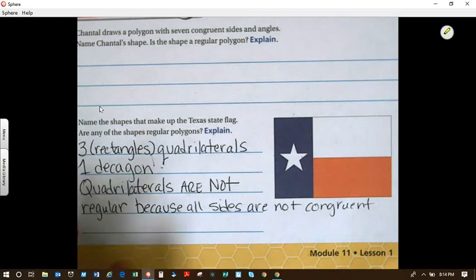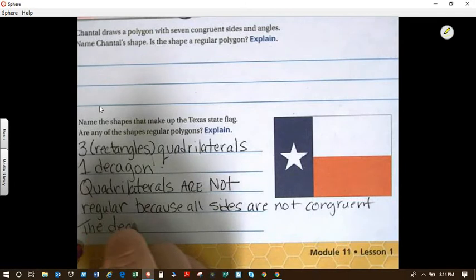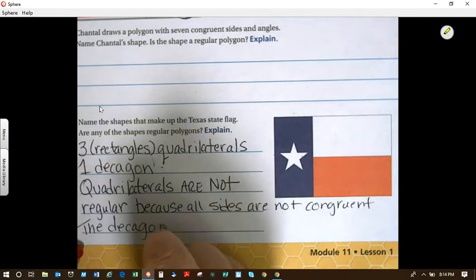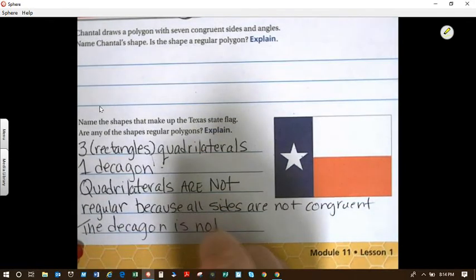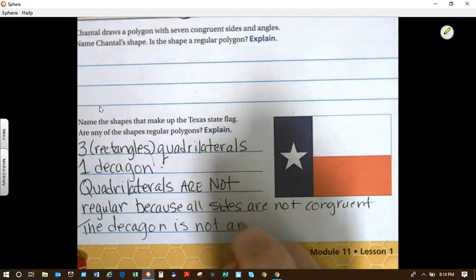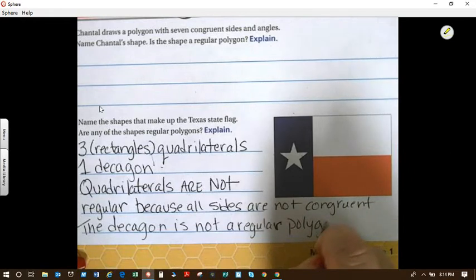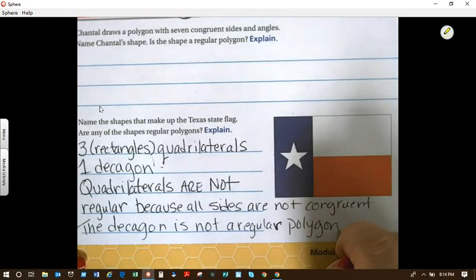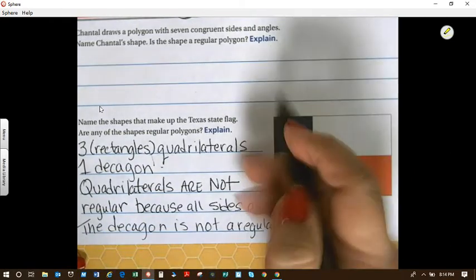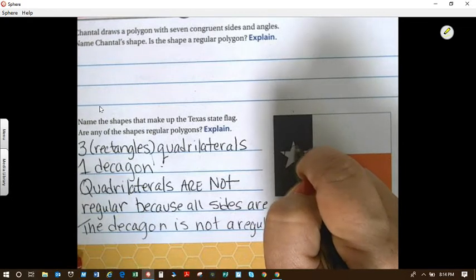But the decagon is not a regular polygon. Because why? Yep, the angles. One of the things that we needed to talk about is the angles are not congruent. This is acute, this is obtuse.